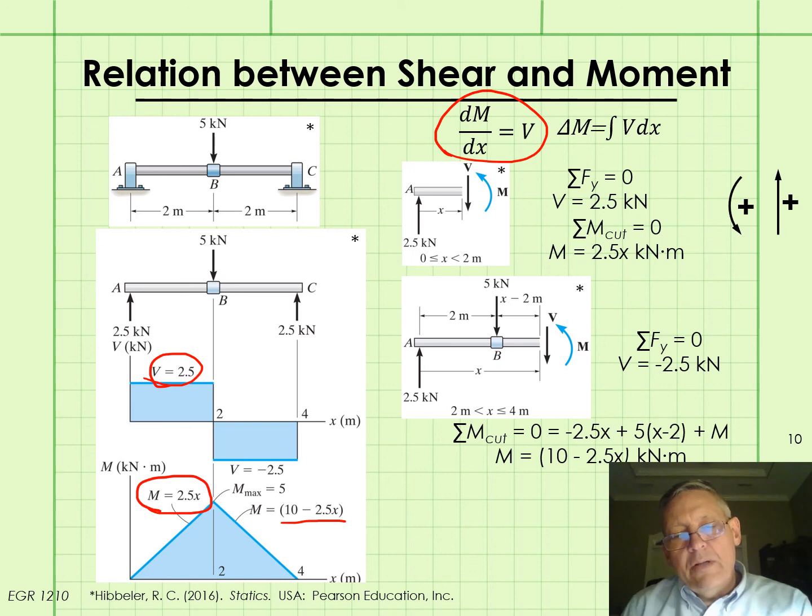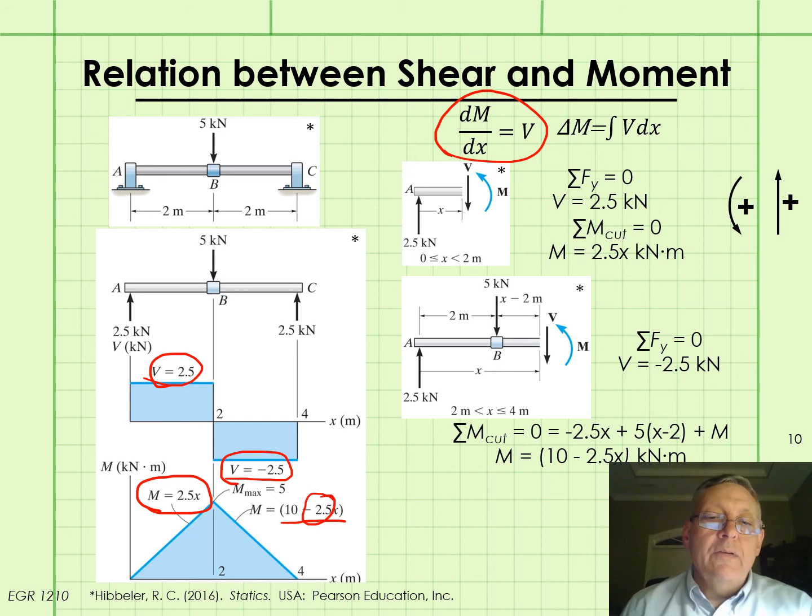So the slope here is negative 2.5, and it's a straight line, constant slope, and our shear for that entire segment of the beam between x equal 2 and x equal 4 is a constant negative 2.5. So that checks.